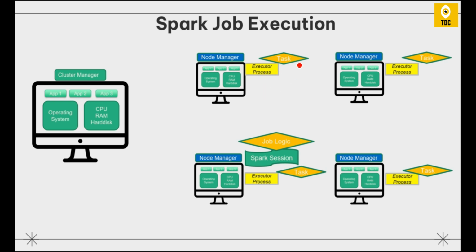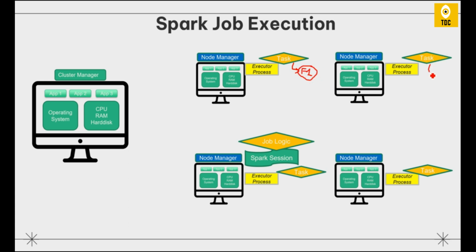Say for example, one file is partitioned into four parts, and the task of this node is to read the number of words in a part of the main file.